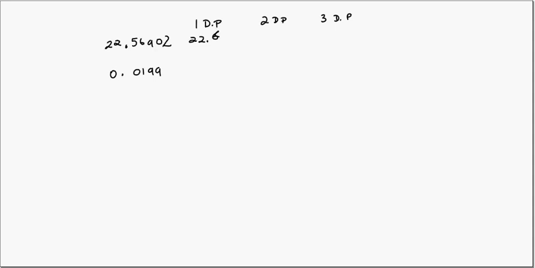Okay, let's look at 0.0199 next. If we had to round off 0.0199 to one decimal place, we do the same thing. We start at the decimal point, and we go one place to the right, where we look at the 0.